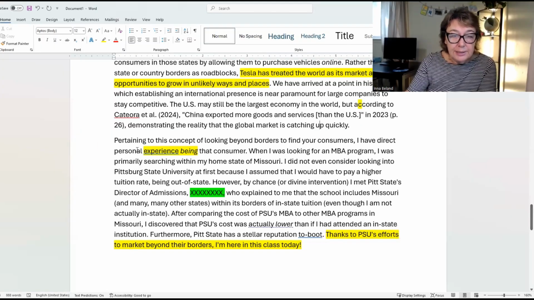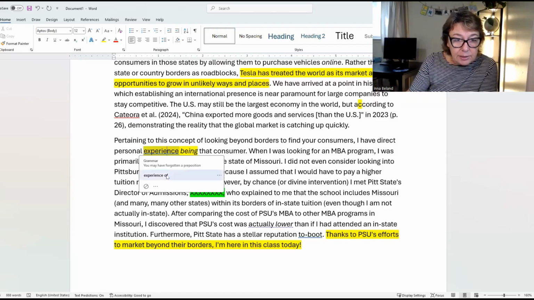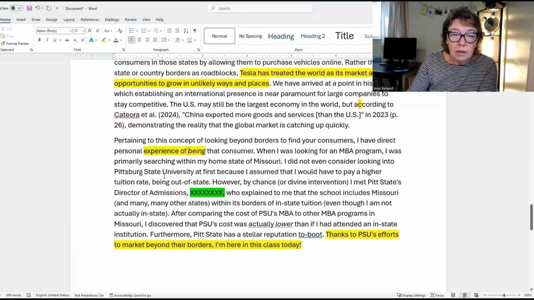And this is the last paragraph, about personal connection to personal experiences. Here, I think something is missing: "Experience of being that consumer." Here I removed the name of a specific person. We don't need to know the names. In your post, it is not necessary to put the real names of people.